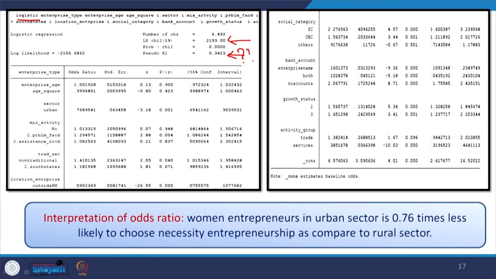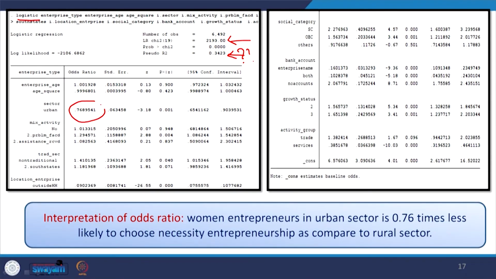Then coming to the interpretation of the coefficients. Wherever it is exceeding 1, those variables are positively linked to the dependent variable, and those that are less than 1, since 1 stands for the probability of success, are negatively related to the regression.